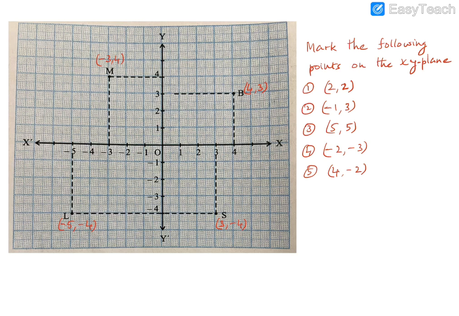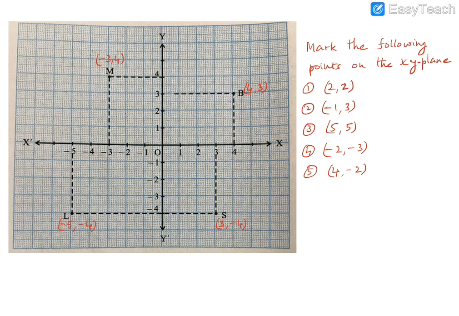So basically what we do is we start from the origin, and the first coordinate is the x-coordinate. So we go on the x-axis to the point 2, the x-coordinate, and from there we jump up or down in the y direction depending on the value of the y coordinate.